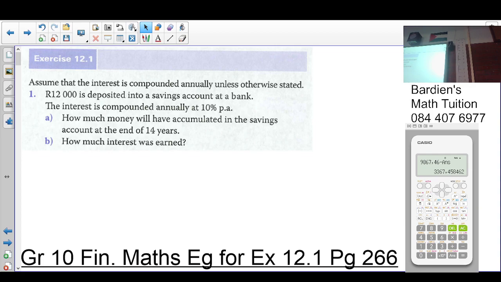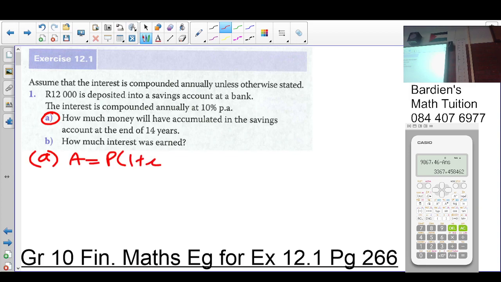How much money will have accumulated in the savings account at the end of 14 years?